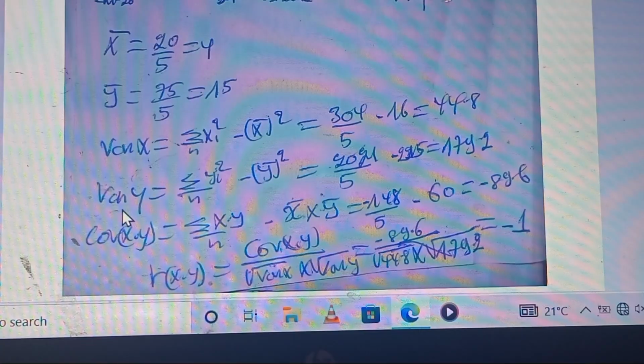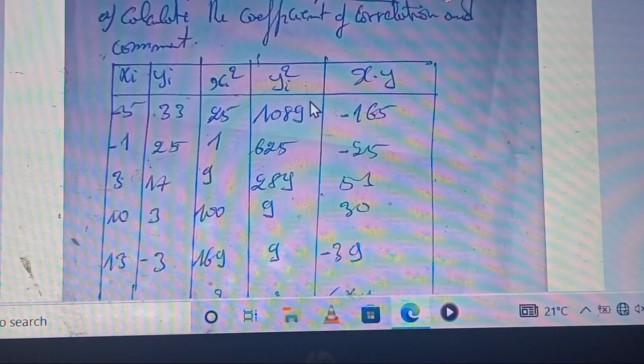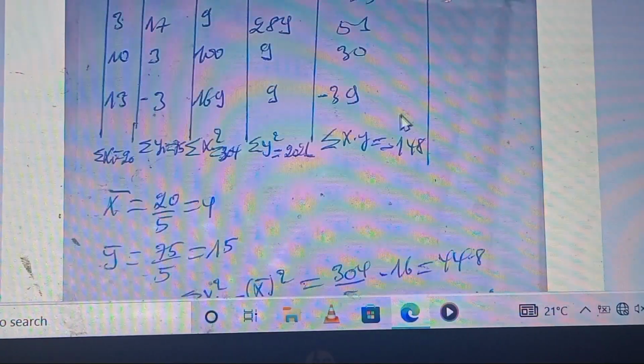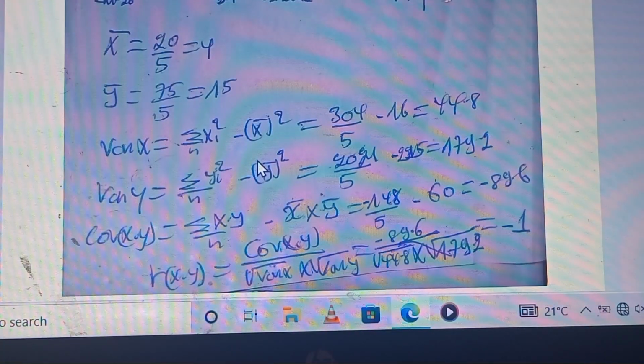Then the variance of y is also the summation of y square over n minus y mean square, then I get 179.2. Then the covariance, you get summation of x times y over n, then minus mean x times mean y, then you will get minus 89.6.